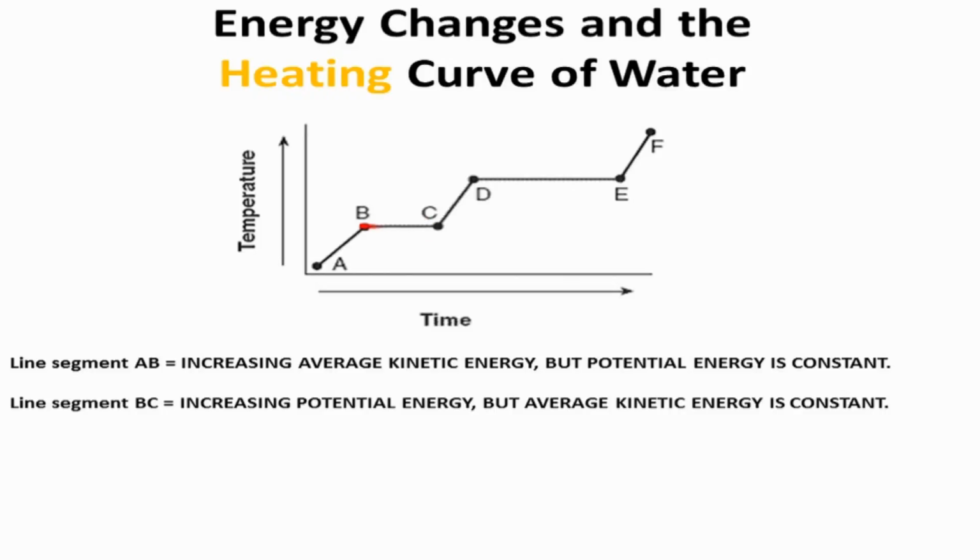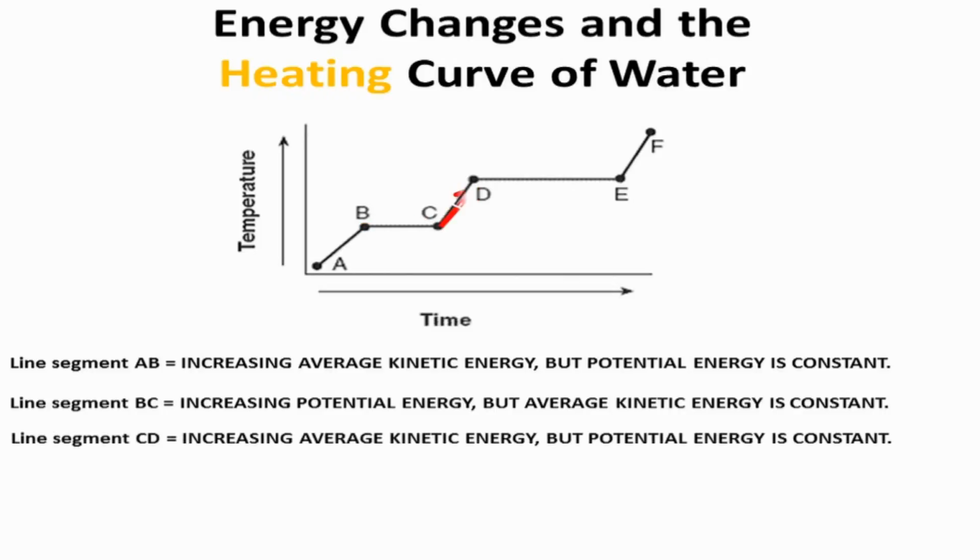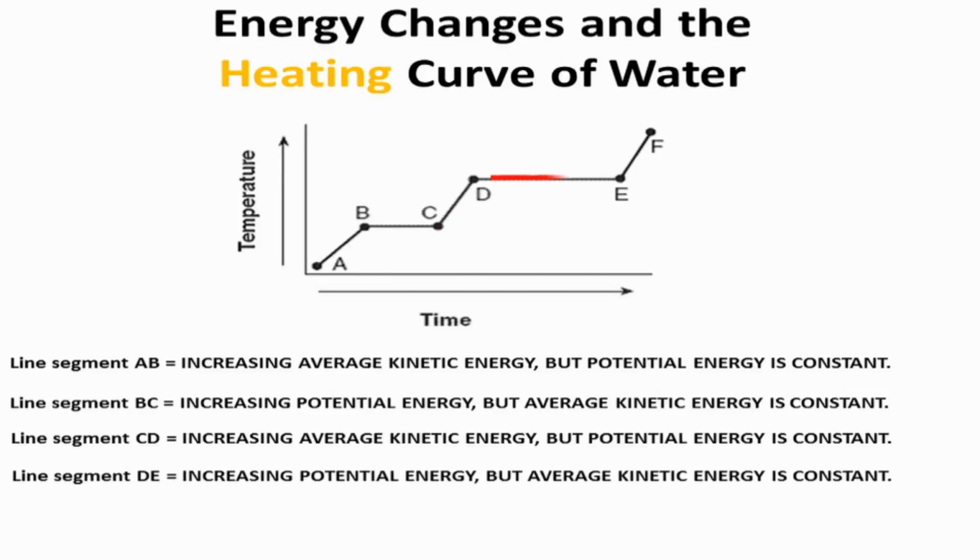During line segment CD, the average kinetic energy or temperature once again increases, and the potential energy yet again remains constant. During line segment DE, which occurs at the boiling point of the substance, the potential energy once again increases as the average kinetic energy remains constant.